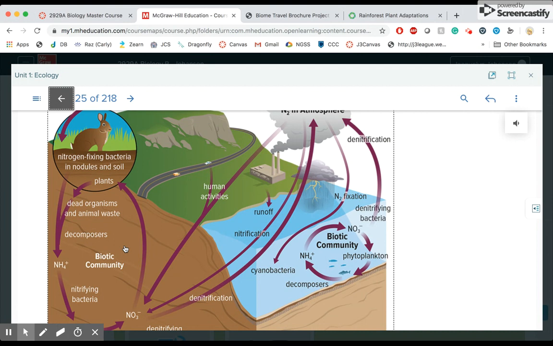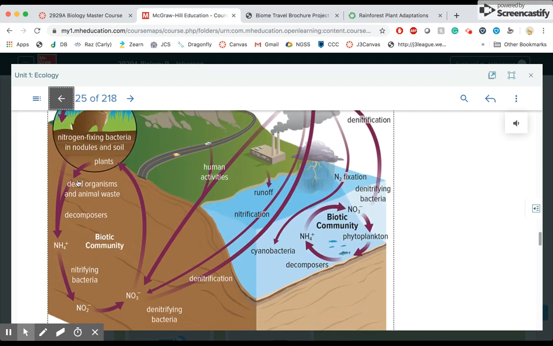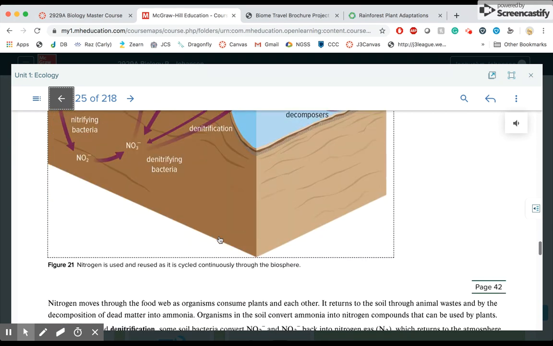The non-living parts of the nitrogen cycle are soil nitrates. You can have sediment. You can have atmospheric nitrogen that's in the atmosphere. You can have runoff right here. And dead organisms can create more nitrogen in the soil.